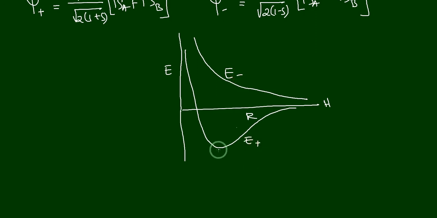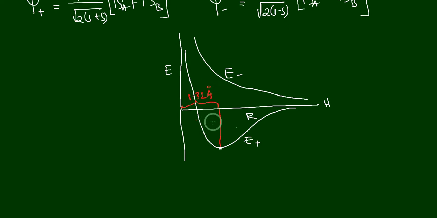And corresponding to the profile of E plus, there is a minimum here, and the internuclear distance corresponding to this minimum, that is this distance, is the equilibrium bond distance, and this was found to be 1.32 angstrom.